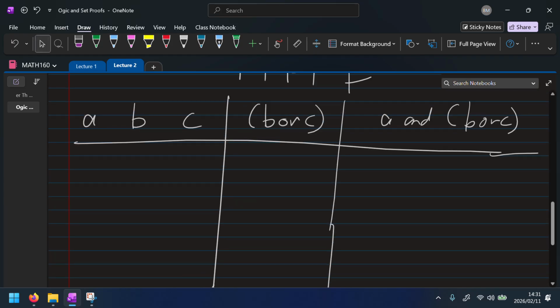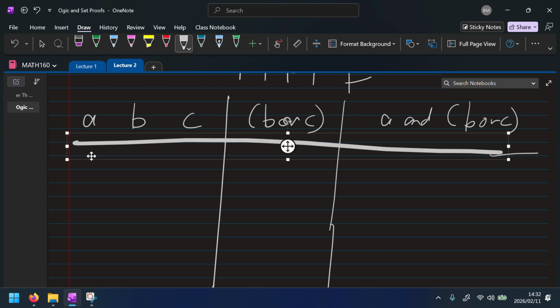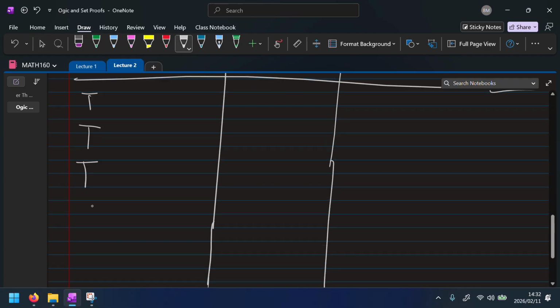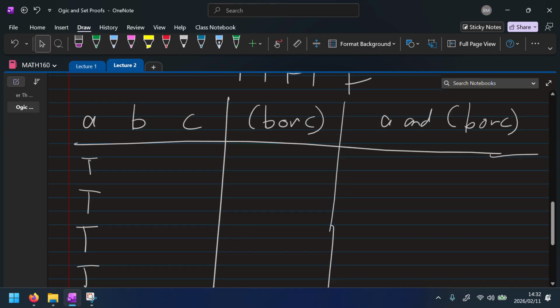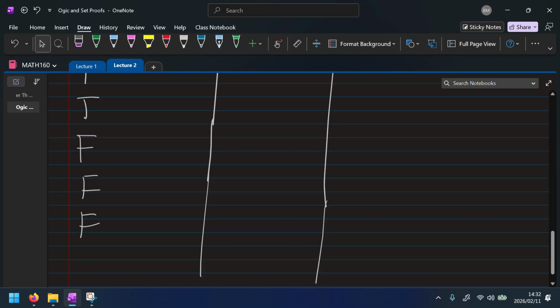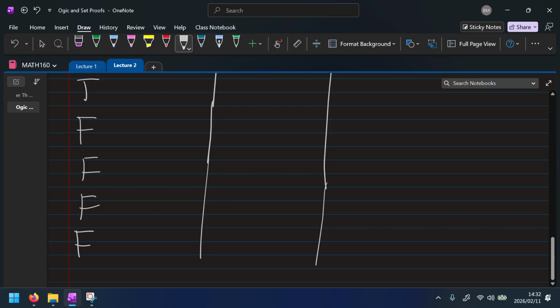For the first column A, I'm going to put 4 T's and then 4 F's. It makes it a bit easier to keep track of everything. So we're going to have true, true, true, true, false, false, false, false.